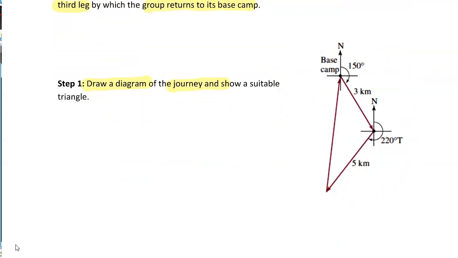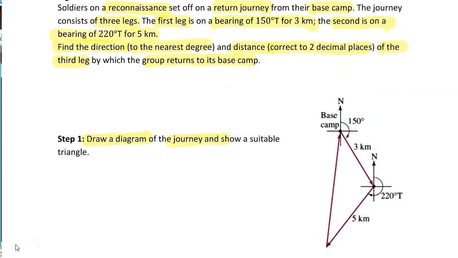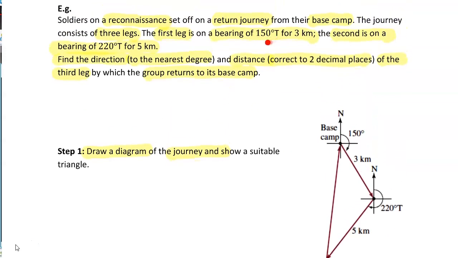So you see we've got here our base camp. First leg was 150 degrees true. So I've started with my north and I've come around and drawn a line there. So that's 3 kilometers, to get to that point.